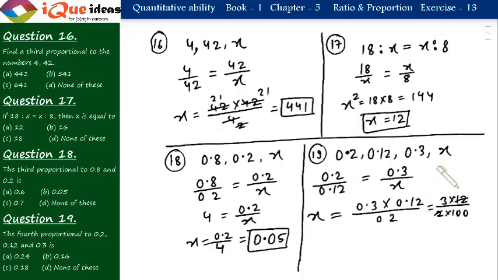So 2 cancels 12 six times, 2 cancels 6 three times. It could be 9 by 50, or let it be 18 by 100 only, because then it can be presented in decimal as 0.18. Very simply.